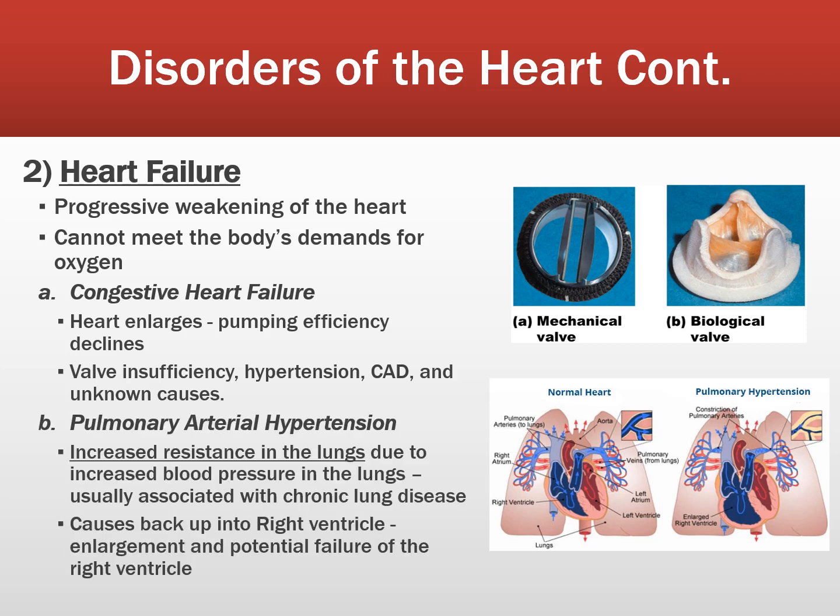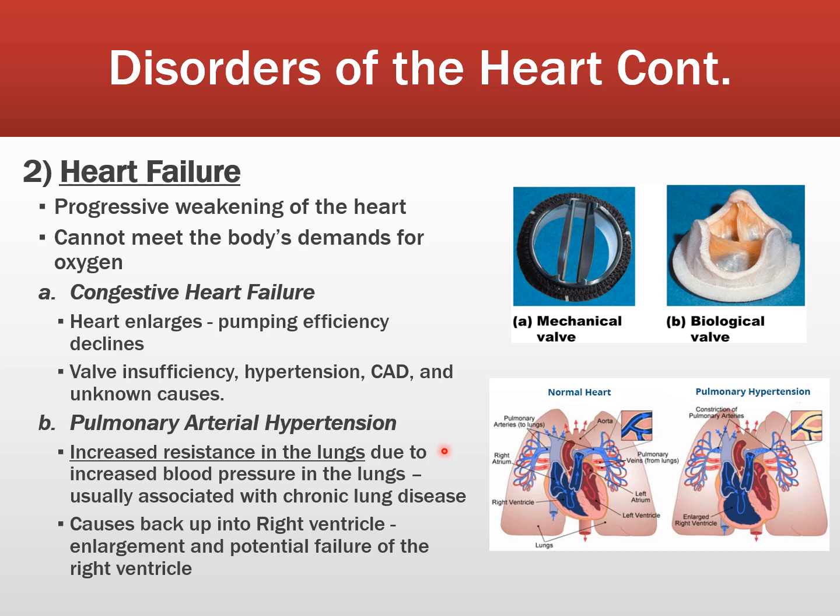Now, pulmonary arterial hypertension is a very specific type of heart failure. And the problem is not starting in the heart, but starting in the lungs. So essentially, you get increased resistance in the lungs due to some sort of chronic lung disease. Usually it's associated with smoking.